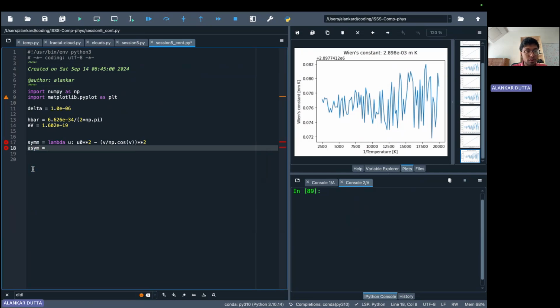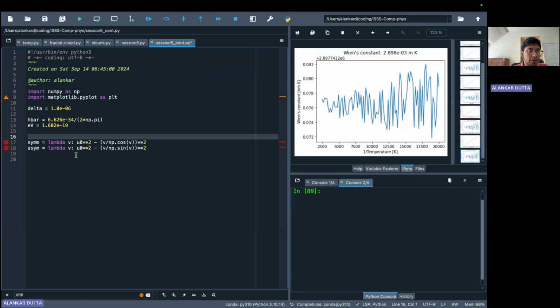So if I look at the symmetric ones, this is v, this is a function of v. V is what we are going to find out. And then we have v by u naught square minus v by sine v whole square.